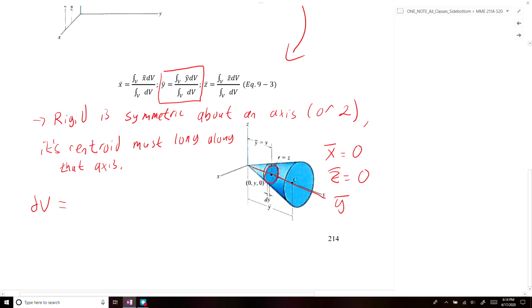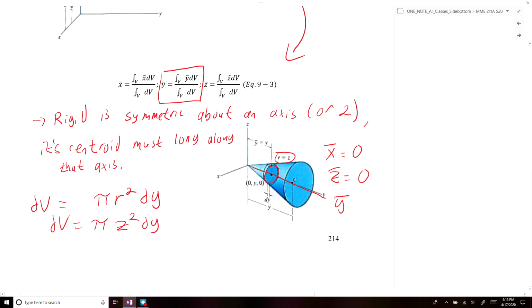The volume of a disk is equal to the area of the disk, pi r squared, times its thickness, which in this case is a very small thickness dy. We can say that r in this case is equal to z, so we can write this as pi z squared dy.